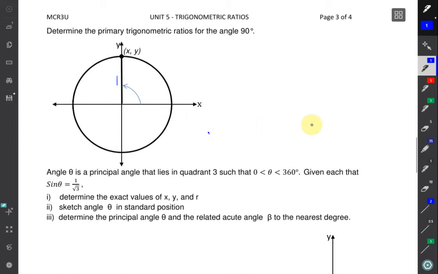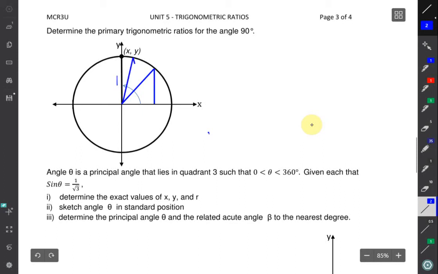So what we want to think about here is the fact that as we draw triangles, these triangles with the arm rotating, notice that the opposite is getting larger while the adjacent is getting smaller. So in effect, what's going to happen as you keep rotating this, eventually the adjacent will become 0.